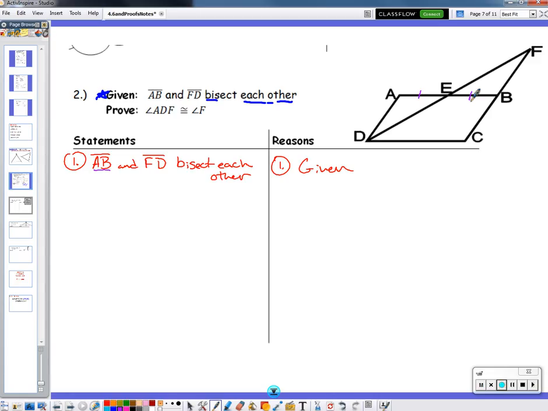Alright? So, remember statement number 2 then might be that which two segments are congruent to each other? AE is congruent to EB. And what would my reason be if those two segments bisect each other?